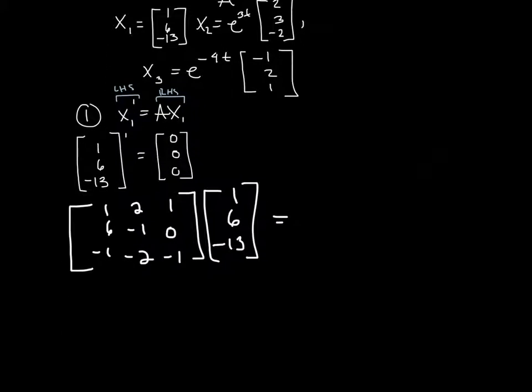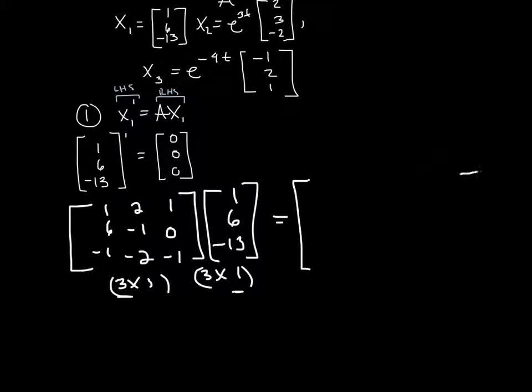Okay, so we have a 3 by 3 by a 3 by 1. So my result should be a 3 by 1. So we have row times this column, row times column, row times column, we're using just the dot product, the product of the components, and then we're going to sum them up.